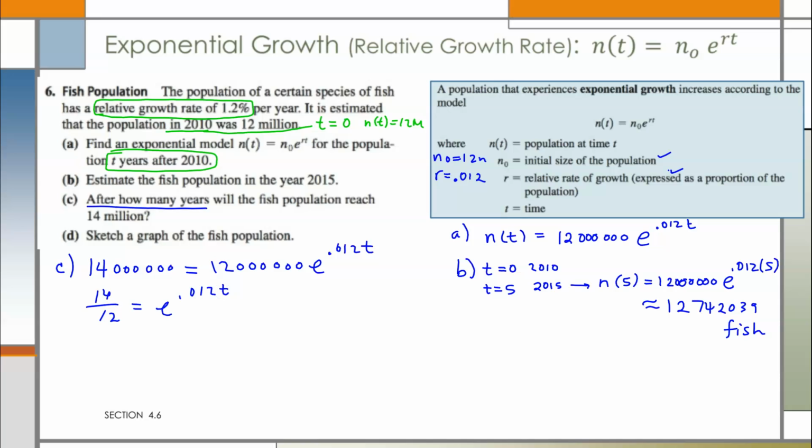How to get rid of e? We're going to ln both sides. 14 over 12 reduces to 7 over 6. ln and e cancel each other out. They're inverse functions. So all we have to do is divide over that 0.012.